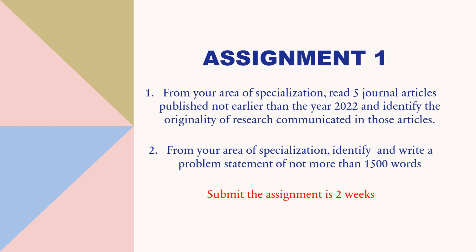So, what this first question requires you to do is to identify 5 journal articles in your area of specialization, and it is important for you to understand what the journal articles are. When you are presenting this, you should be able to give information about each of the journals that you have identified by the title of the journal article, the authors, the year of publication, and the details of the publisher.